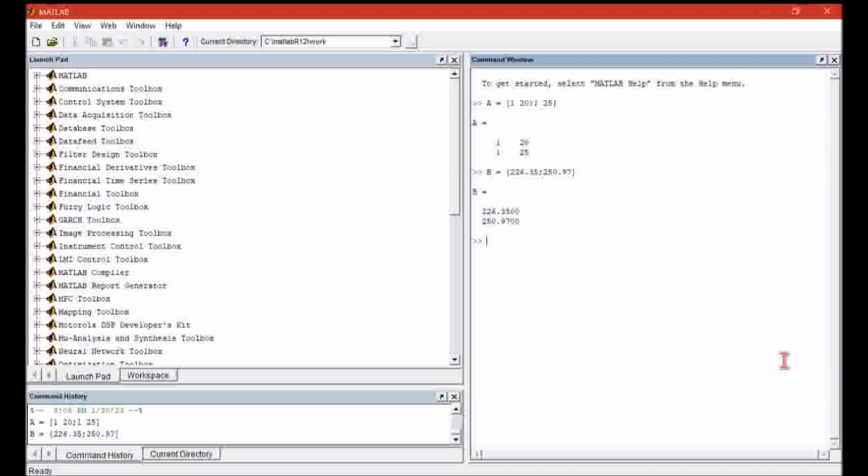Unlike in Excel where we need to inverse A, here we can just put it in our formula.